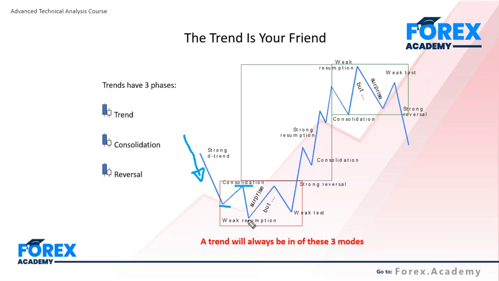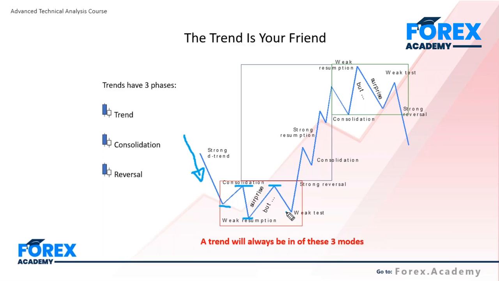It's probably expected. The market is in a downtrend, and for a market to remain in a downtrend, we need to see prices continue to move in a downward fashion. Prices then react up to this particular point over here, and then we see a pullback down to this stage.